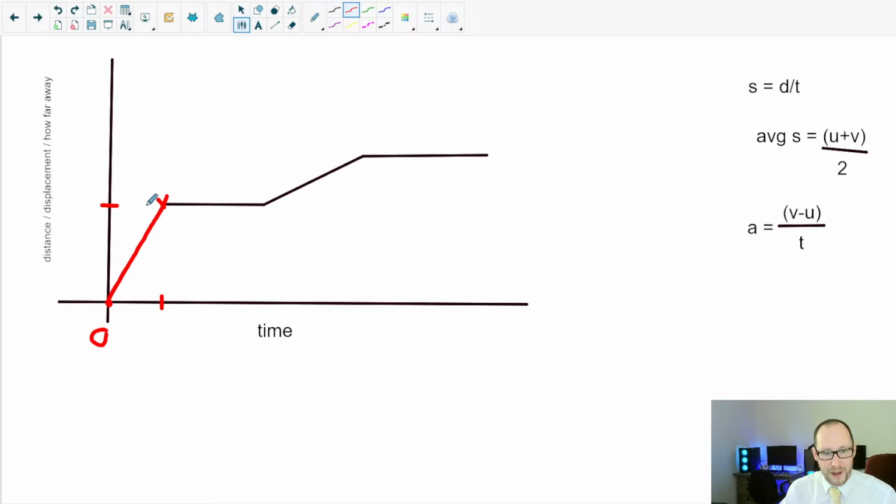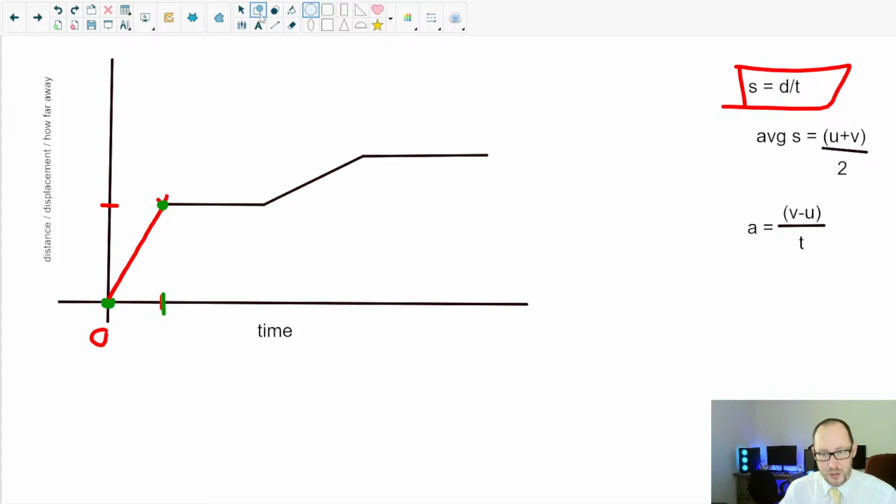And I could find my average speed by using this equation here. That my average speed is my distance travelled, which is this number, take away this number, which is 0, and then divide it by the time, which would be this number.